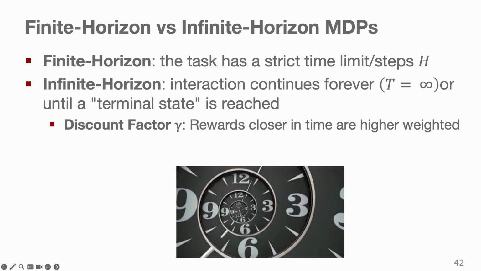Okay, now that we understand how to model a trajectory, we need to decide for how long the robot should care in the future. And this brings us to the concept of the horizon. So there are 2 categories, finite horizon MDPs, where a robot might have a strict time limit to execute this task, like let's say 5 seconds to pick a moving object.